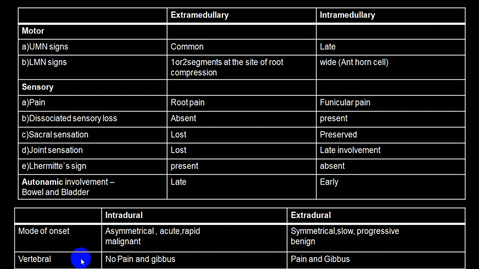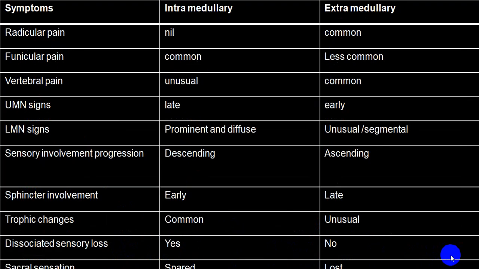The vertebral body will show less pain and gibbus, while the extradural will produce more pain and there will be gibbus. Whenever there is an intradural variety, if it is a malignant involvement, then you can have back pain or vertebral pains.